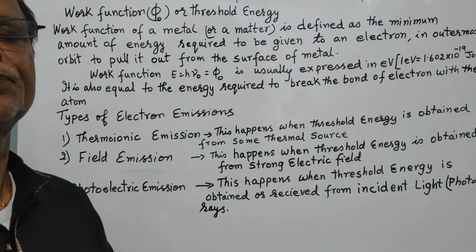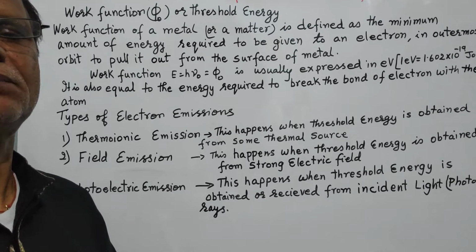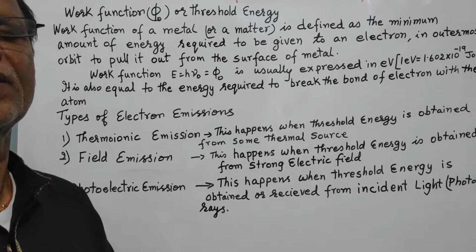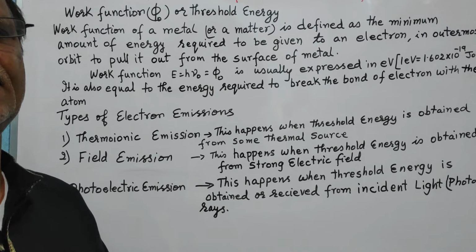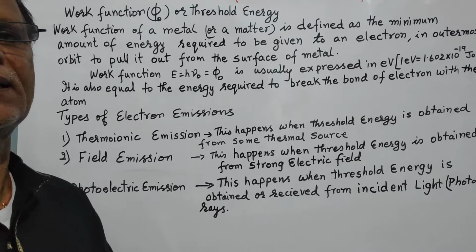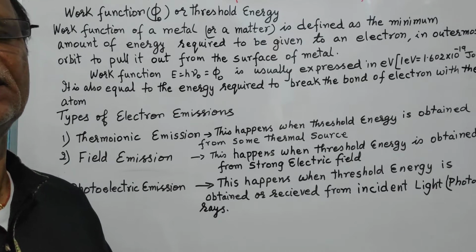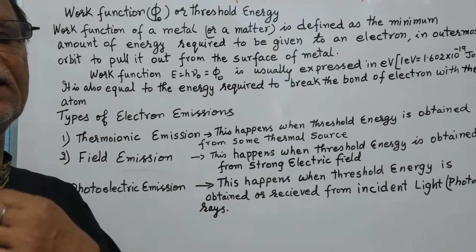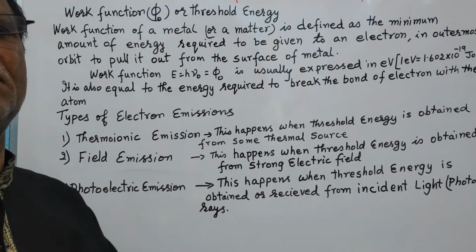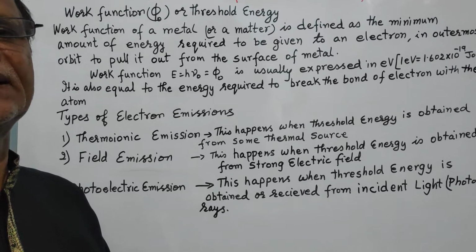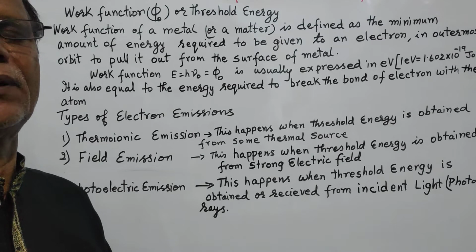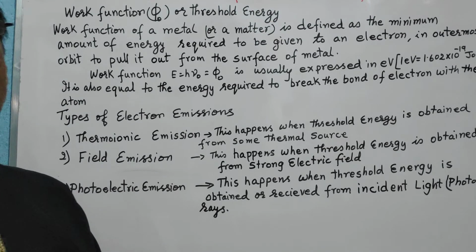These electrons are bound with the atom, with the nucleus, and to free them from the grip of the atom, some energy is required to break this bond of the electron with the nucleus. The minimum energy required to break the electron free from the atom's grip is known as the work function for a given matter or metal.